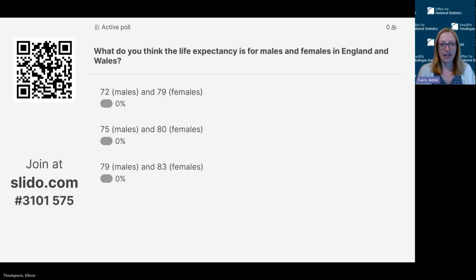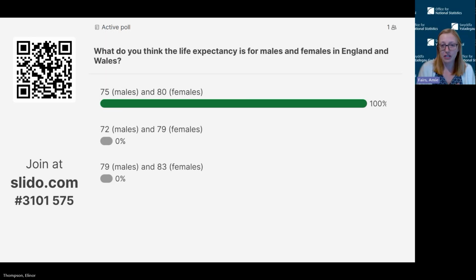So if we move on from here, I have a question for you before I talk about what we think average life expectancy is. If people are happy to vote, please, what do you think the life expectancy is for males and females in England and Wales? You have these 3 choices: 79 for males and 83 for females, 72 for males and 80 for females, or 72 for males and 79 for females.